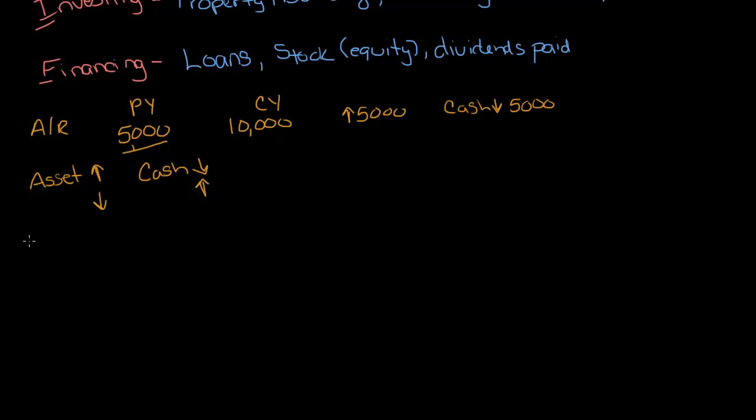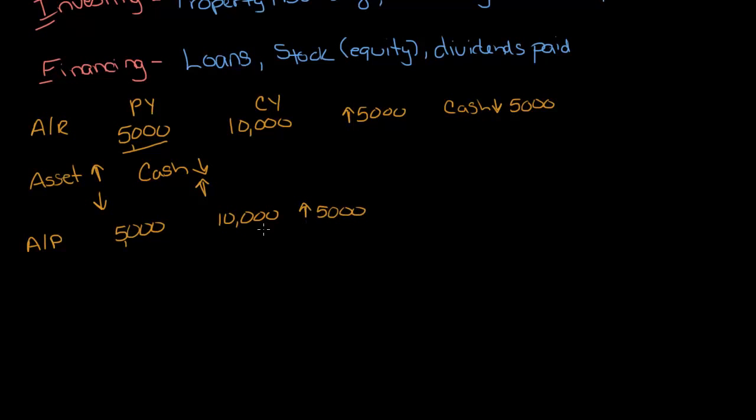Now, let's look at accounts payable, which is a liability. My prior year balance was $5,000 and my current year balance was $10,000. What happened? That means that we purchased items, okay, over the course of the year, and I didn't pay off my balance. I actually let my balance go up. So my balance increased by $5,000.